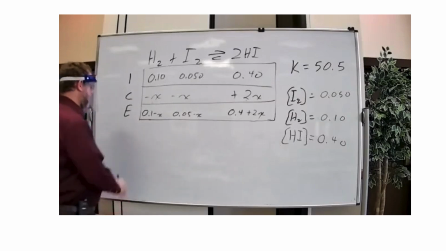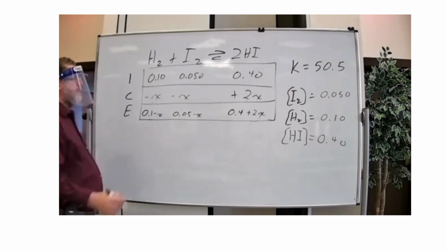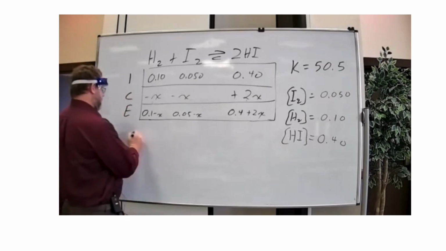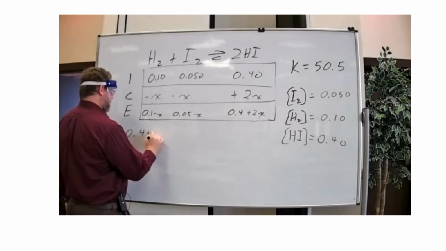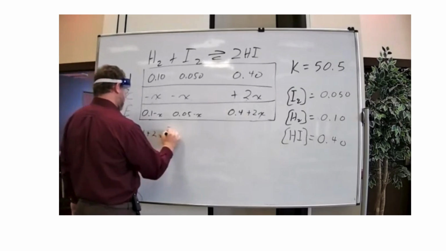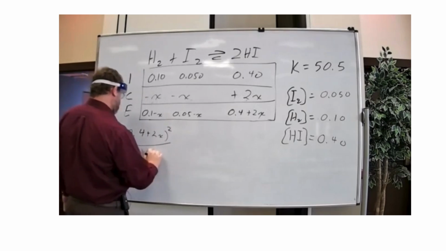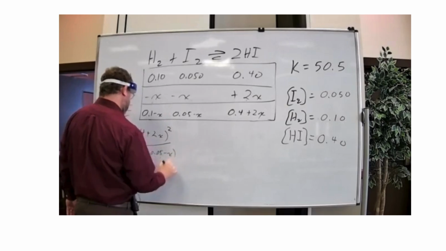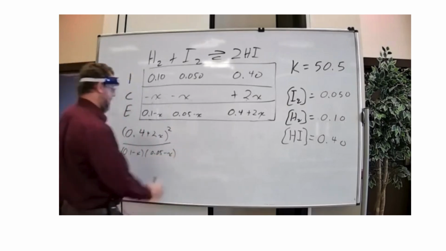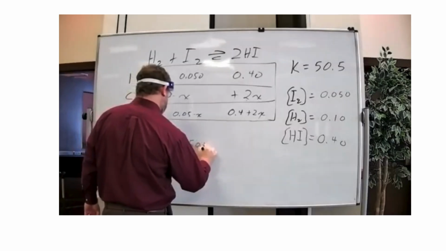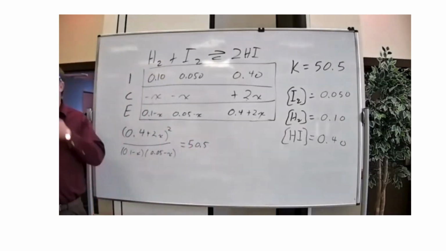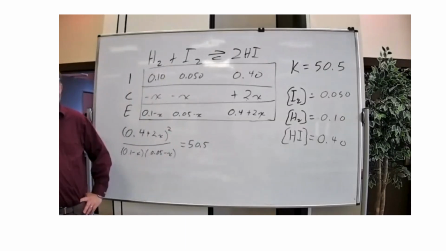Okay, and the problem here is when I put this into my equilibrium constant, remember it's HI squared, so it's going to be 0.4 plus 2x squared over 0.1 minus x and 0.05 minus x. I can't just simplify it by any other method. I'm going to have to expand everything out.